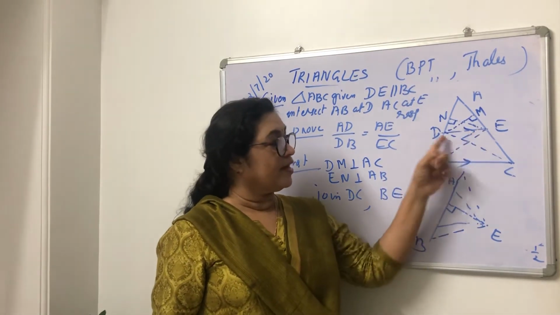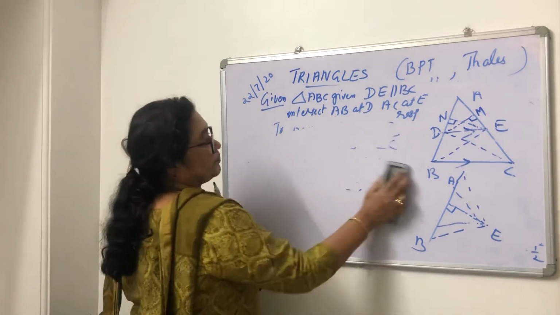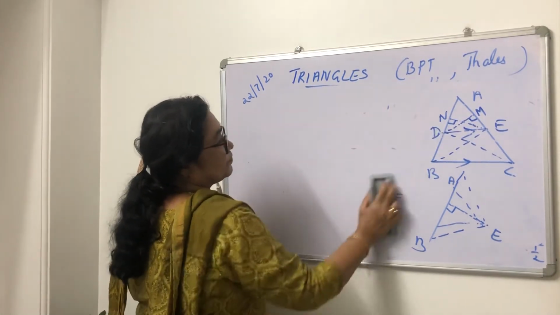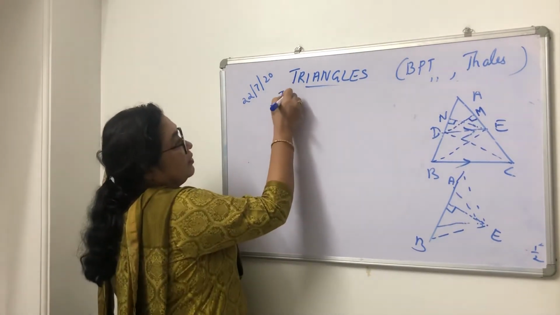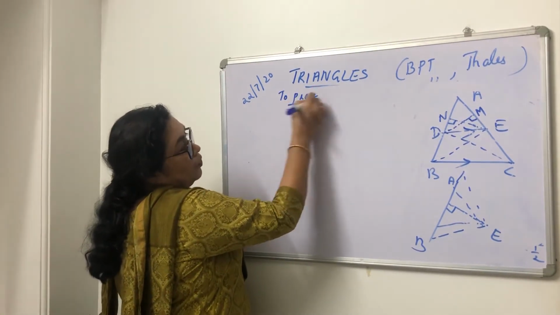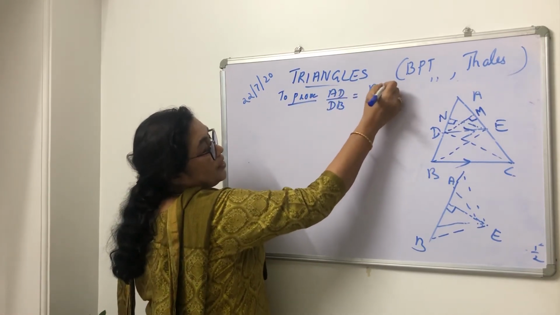Join BE and CD. I'll write only 'to prove' here. To prove: AD by DB is equal to AE by EC.